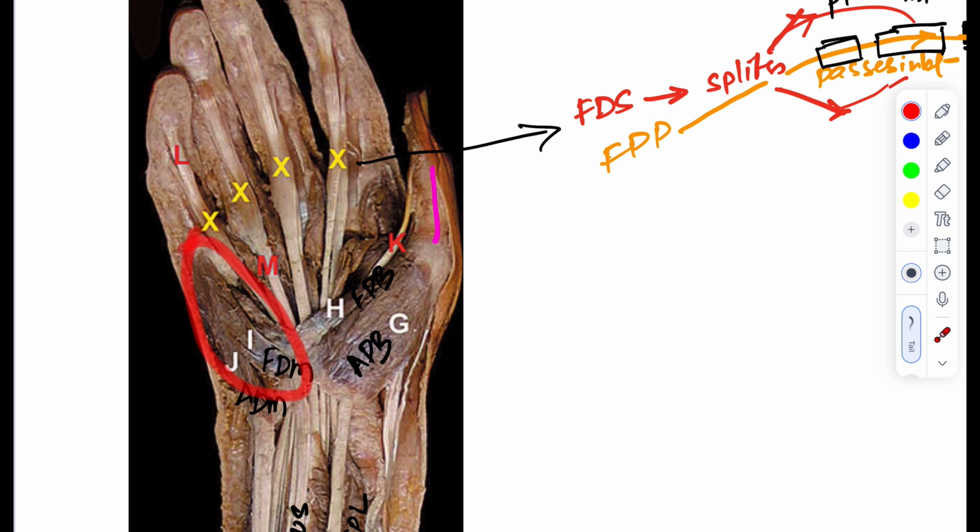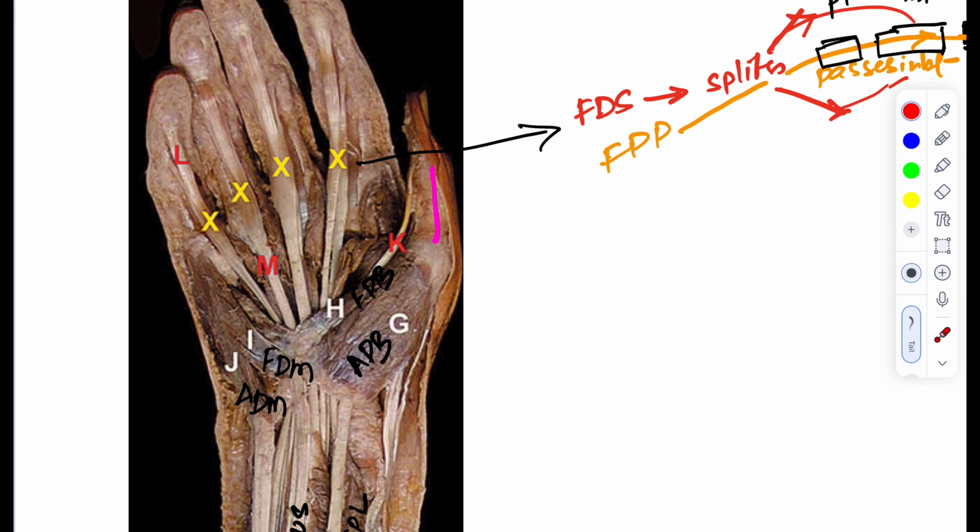Always there are FAO: flexor, abductor, opponens. The most prominent is abductor pollicis brevis, flexor pollicis, and there is one opponens. So abductor digiti minimi and flexor digiti minimi. Abductor makes the thumb move like this. So this is abductor, thenar, hypothenar.